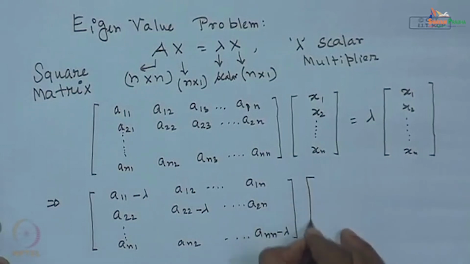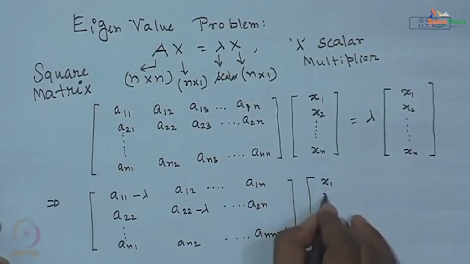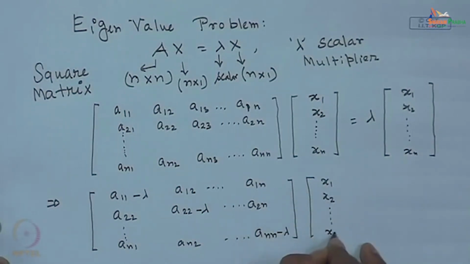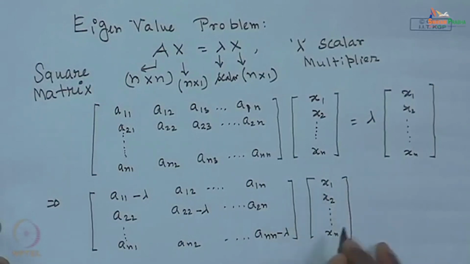This is multiplied by x 1, x 2, x 3 up to x n. This is equal to 0.